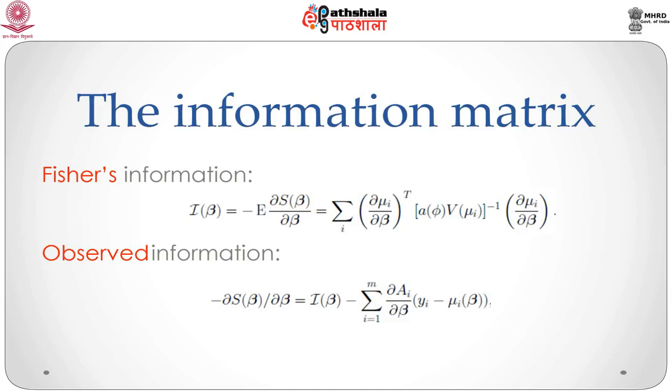The observed information is given by minus del S(beta) del beta, and this can be shown to be I(beta) minus summation i equal to 1 to m del a_i del beta into (y_i minus mu_i(beta)). You can note that in the situation where we have used a canonical link, the second term will disappear, so that for canonical links, the Fisher's information and the observed information can be shown to be equal.